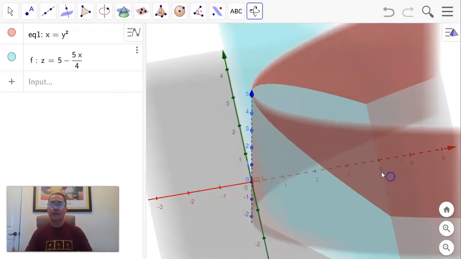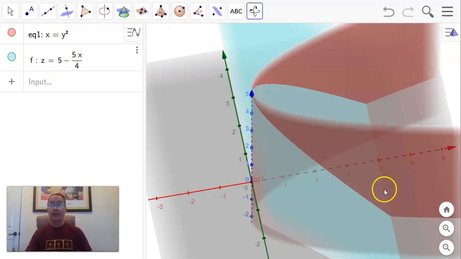Well, because we have this plane, z equals 5 minus 5x over 4. Where does it enter the xy plane? When z equals 0. So if that whole thing is 0, move the 5x over 4 to the left, cancel the 5's, and you get x equals 4.